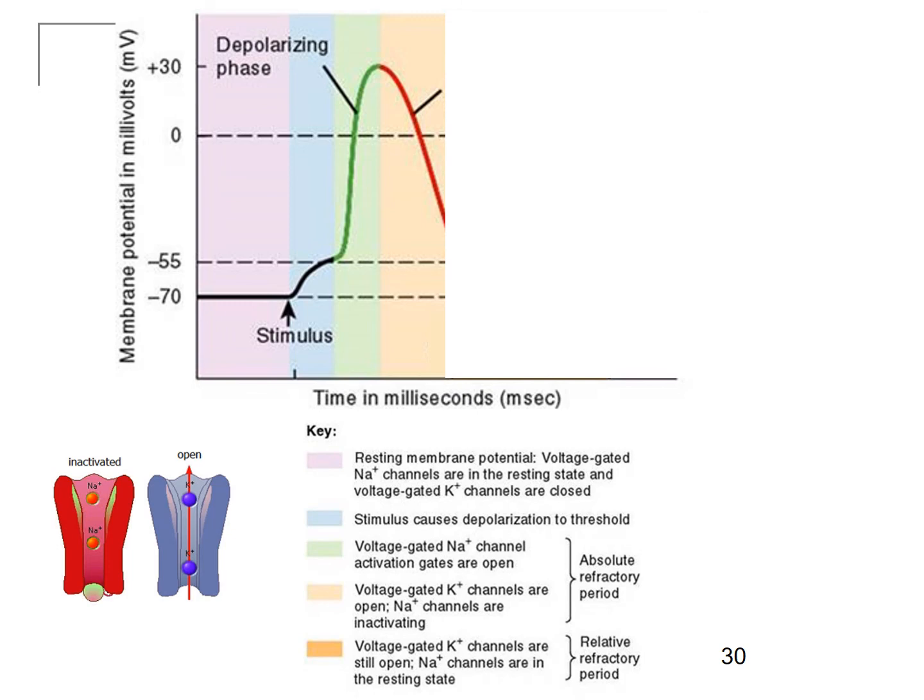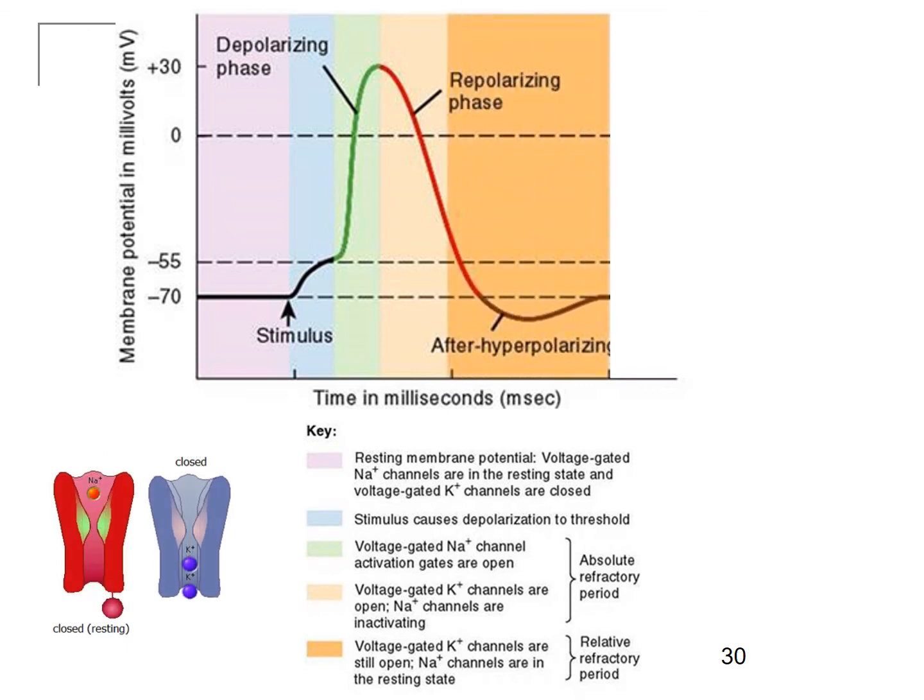So let's say at a certain point in this repolarization, you have 50% resting state, 50% inactivated. Hopefully it makes sense that at that point it will take a stronger than normal stimulus to start a second action potential. But the point here is we are now at this point in the relative refractory period where some of the sodium channels are closed, some are inactivated, and so you can start a second action potential.